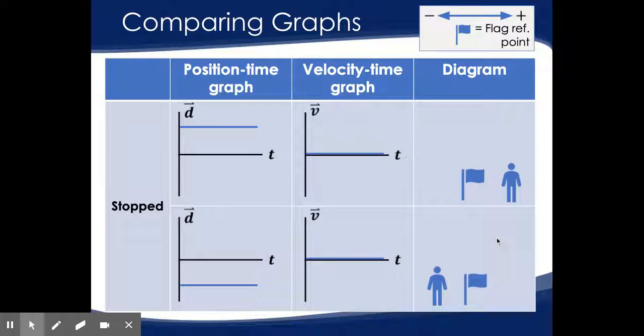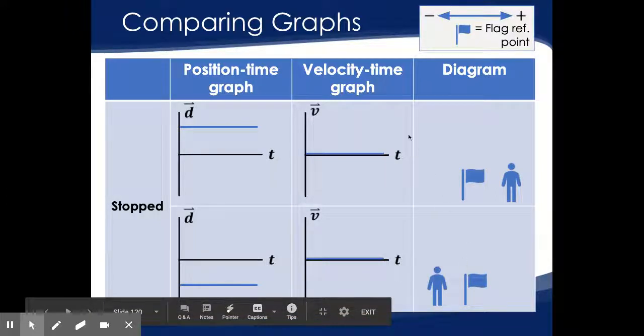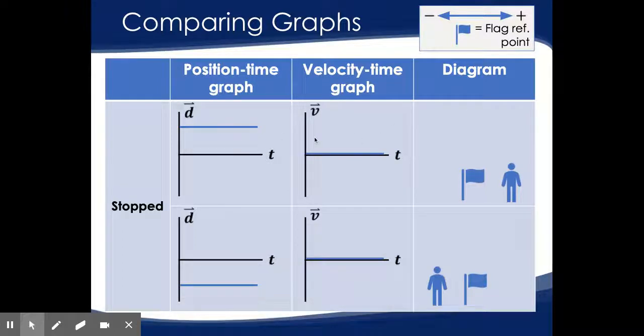The very last thing we're going to talk about, just really quickly because I have a class coming in, is comparing graphs. This will be part of your homework assignment, looking at what a position time graph and a velocity time graph look like, showing the same information. In a position time graph, if you're stopped, you're going to have a flat line at whatever position you were at. The velocity time graph would have you at 0, also a flat line.